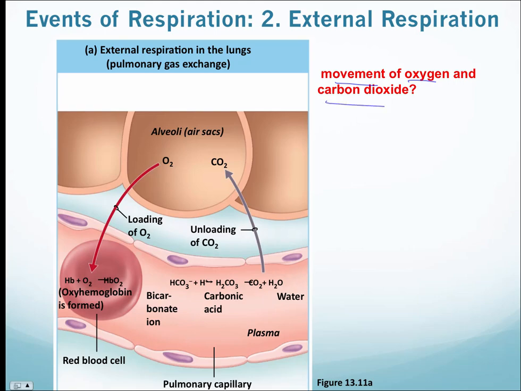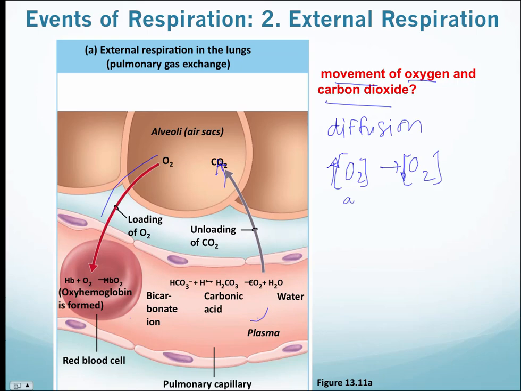The second event in respiration is external respiration, which we saw earlier, and this is the movement of oxygen and carbon dioxide from the alveoli into the blood, or carbon dioxide from the blood into the alveoli, and this is all by diffusion. Okay, so high concentration of oxygen to low concentration of oxygen. This bracket means concentration, so shorthand notation.